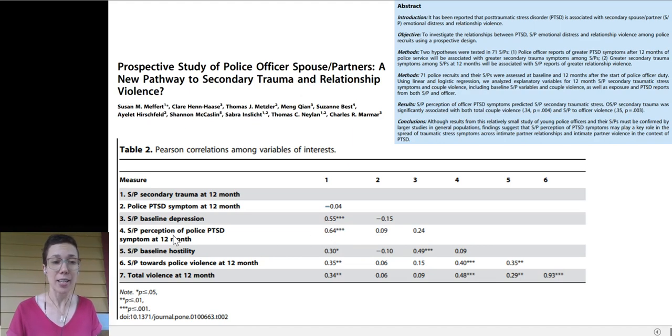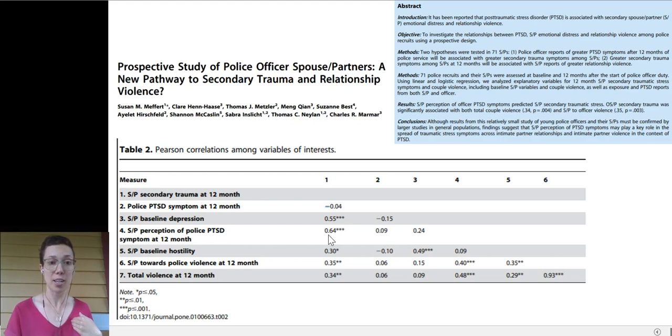Also, we can see that the spouse or partner's perception of their spouse or partner's PTSD symptoms also had a relationship with how their secondary trauma was showing up. So if I'm the spouse or partner of the police officer and I see that my spouse or partner has PTSD symptoms, I'm also more likely to have secondary trauma symptoms myself.